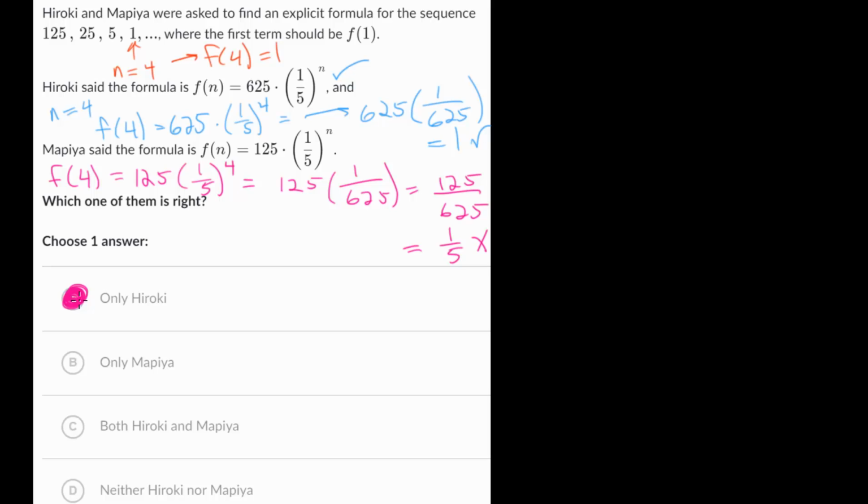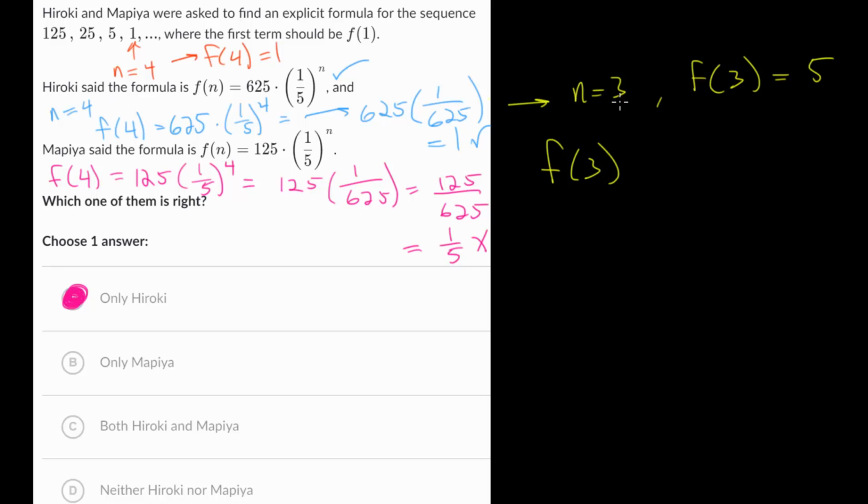And there's a couple ways to check this. You can either generate your own formula and compare it to Hiroki's, or you can just plug in another n value just to be certain. For instance, if we do n equals 3, we should get that f of 3 is equal to 5. So let's do that really quick.